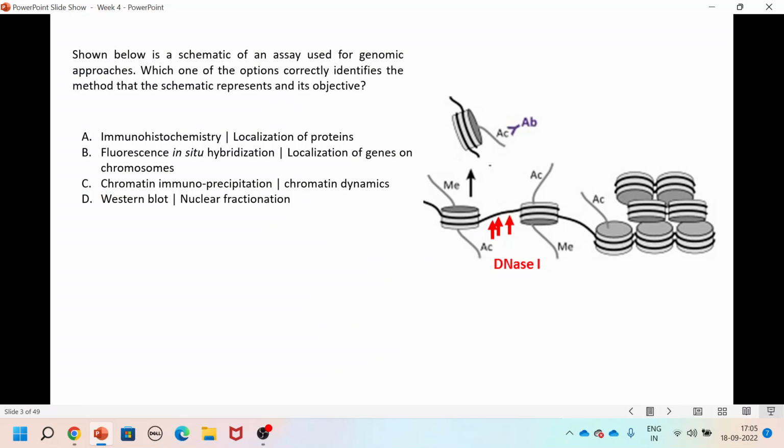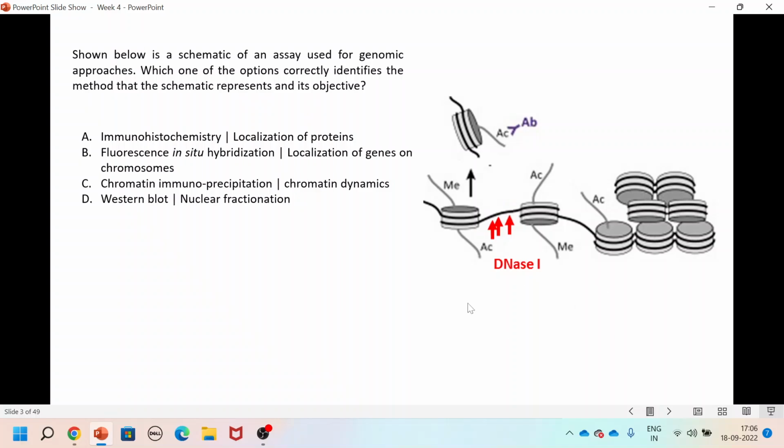This is a very easy question, representing a figure somewhat similar to the previous slide. Shown below is a schematic of an assay used for genomic approaches. Which option correctly identifies the method that the schematic represents and its objective?